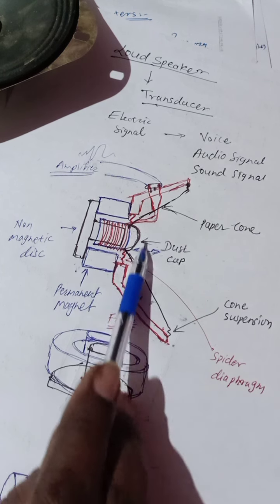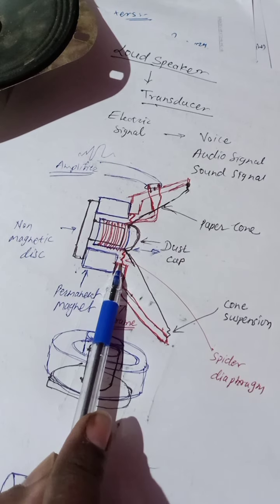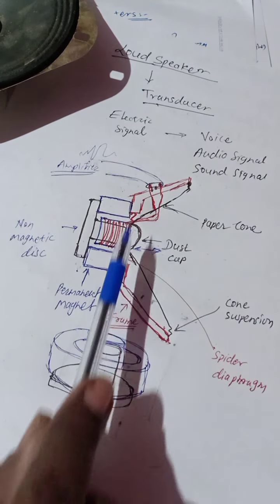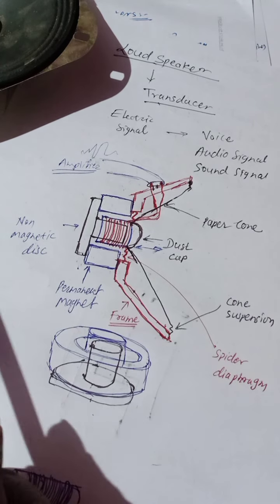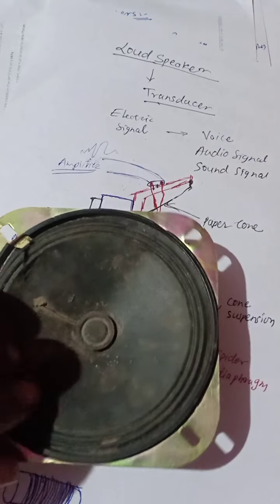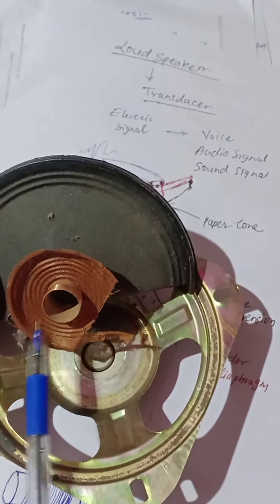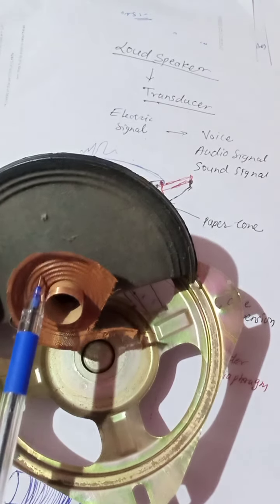Okay, so continuously this coil is thrown out and it is held in the proper position because of this spider and these corrugations. Corrugations work like a spring-type action. If you see here, these are the corrugations, and this provides a spring action.